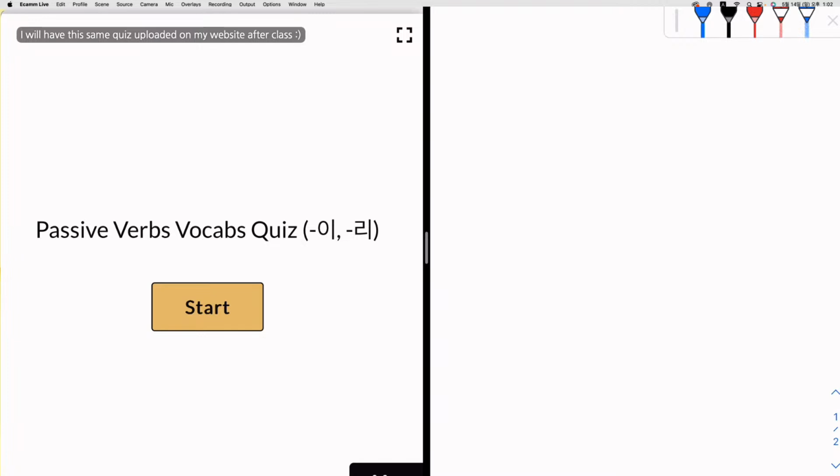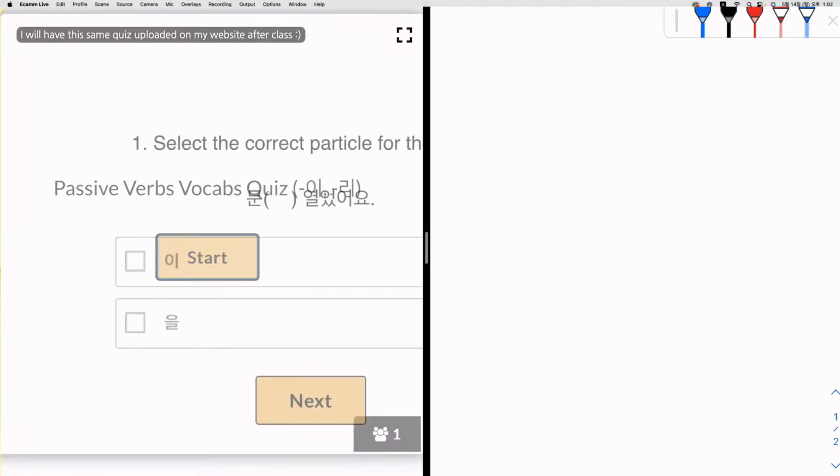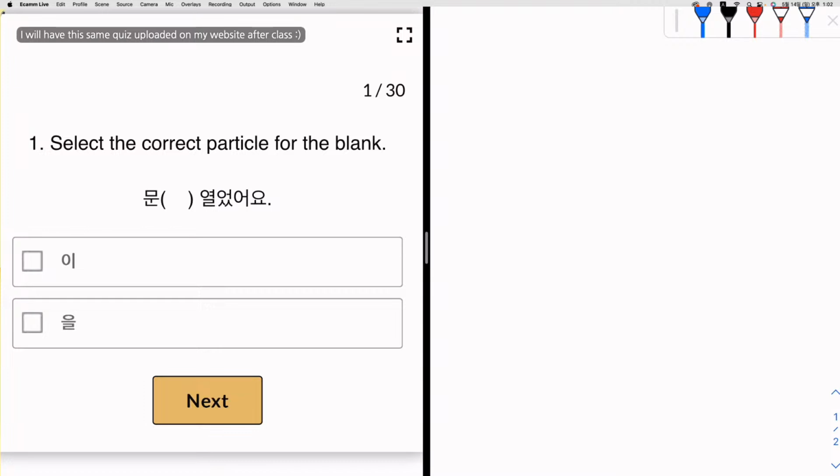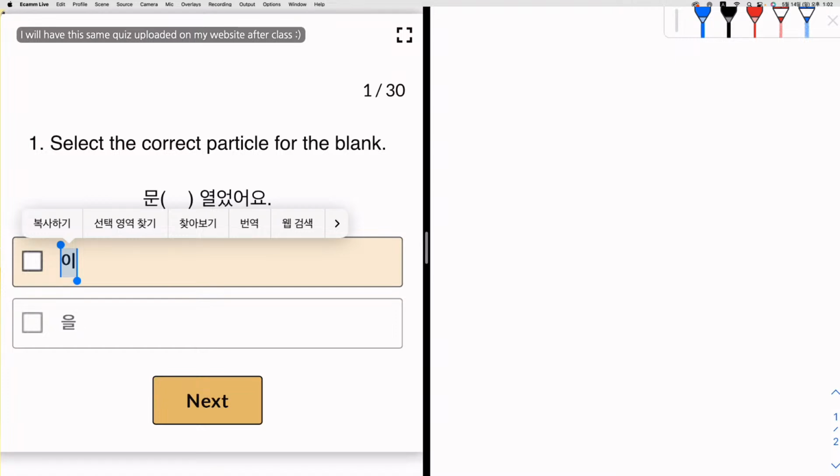한번 시작해볼게요. Let's start from question number 1. Let me place my mic right in front of me, so that you guys can hear me better. Okay, so let's start. So number 1, select the correct particle for the blank. So 문, blank, 열었어요. Would it be correct to put the subject marker 이 or object marker 을?